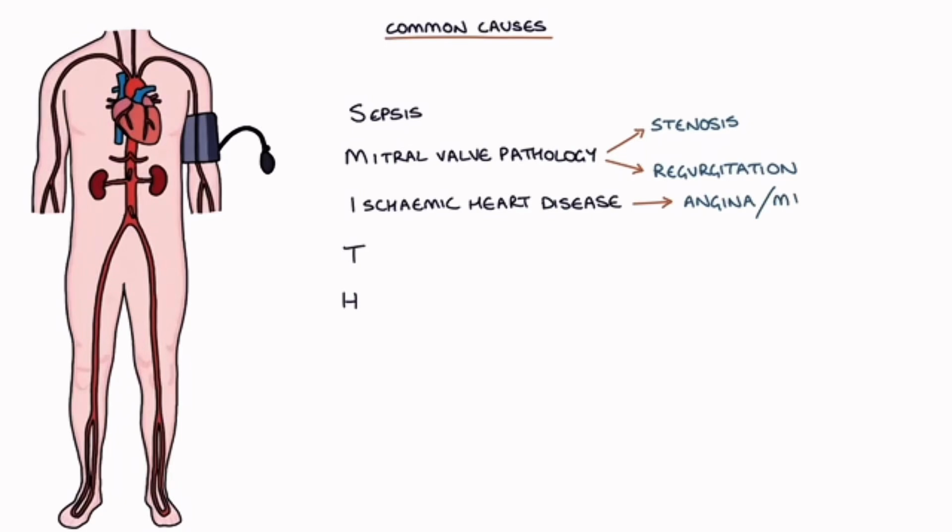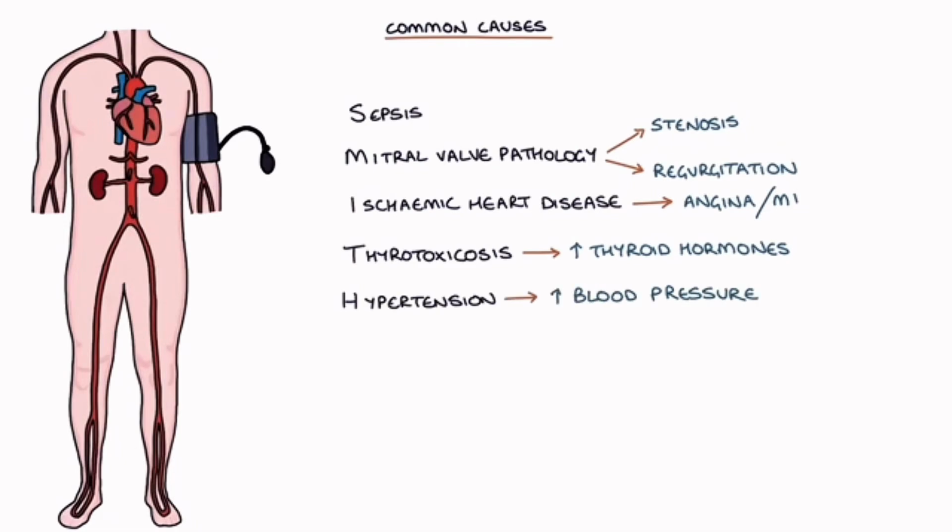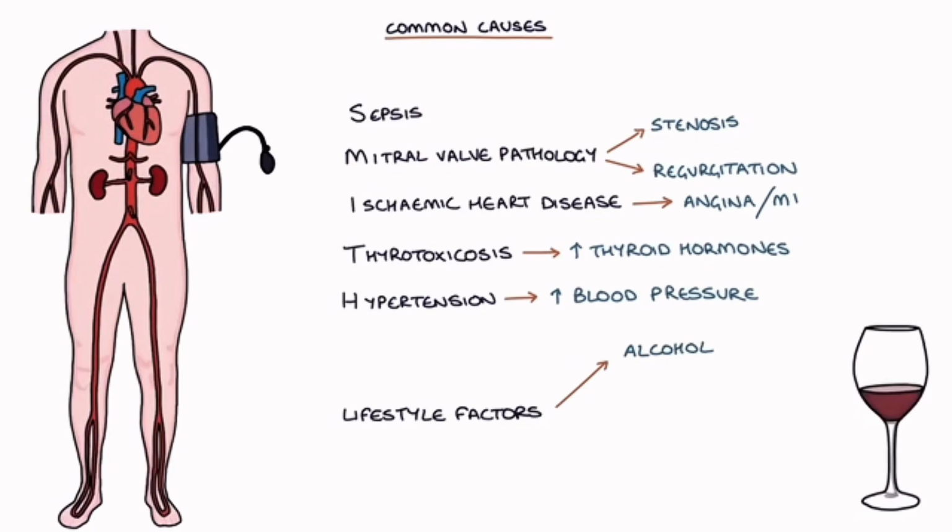T for thyrotoxicosis, meaning excessive thyroid hormones, and H for hypertension or high blood pressure. There are also two lifestyle factors that can cause atrial fibrillation, and these are alcohol and caffeine.